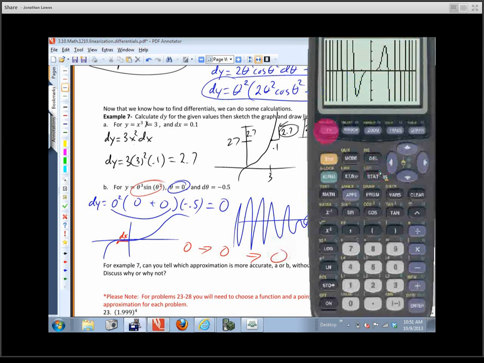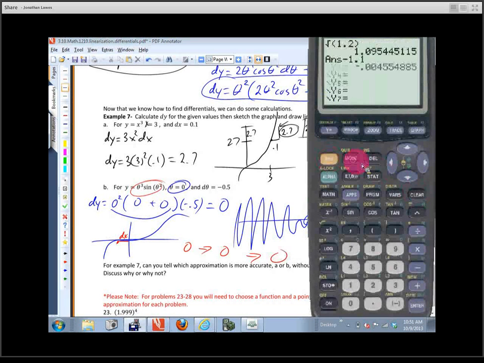Let's type this in, and I'm going to grab the home screen, and I'm going to do negative 0.5 cubed, and then sine of negative 0.5 squared, close the parentheses. Pretty close. Okay. Weird problem.